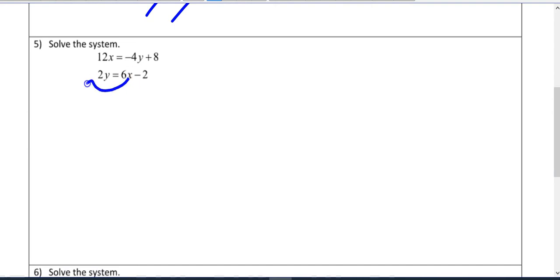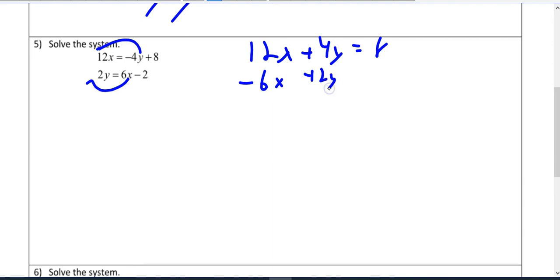You could move this over and move this over and have 12x plus 4y equals 8 and negative 6x plus 2y equals negative 2. Okay?